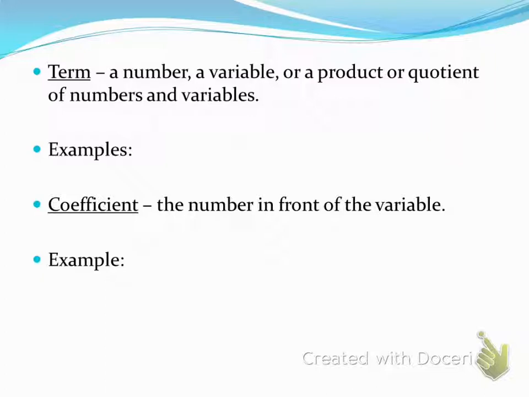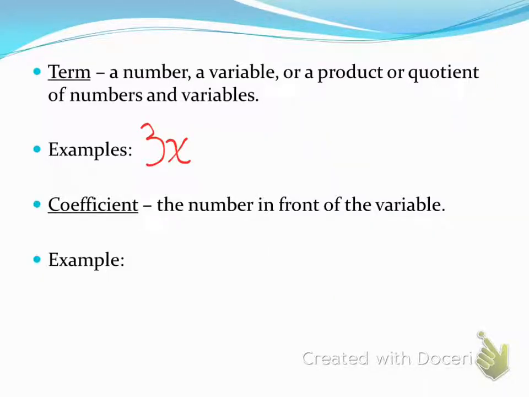Our vocab: a term is a number, a variable, or a product or quotient of numbers and variables. So some examples of what a term could look like. It could be something like 3x.